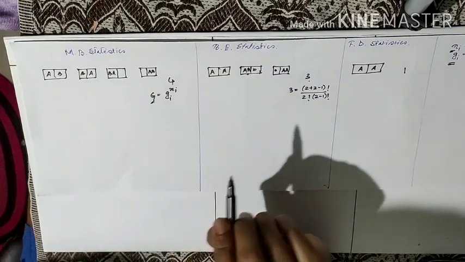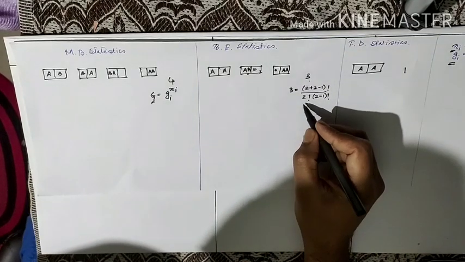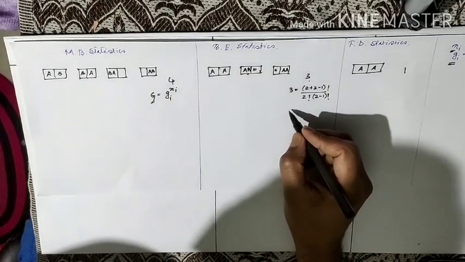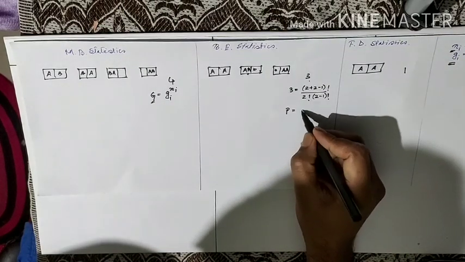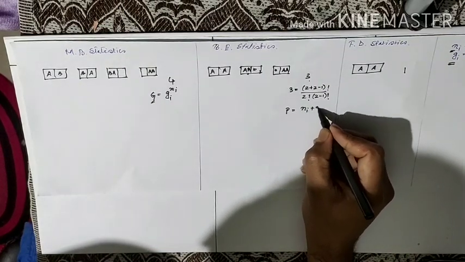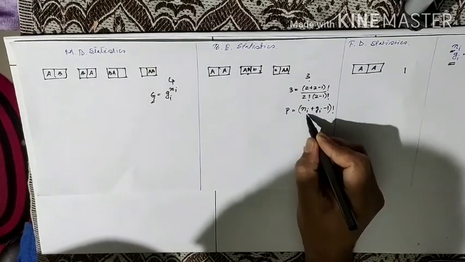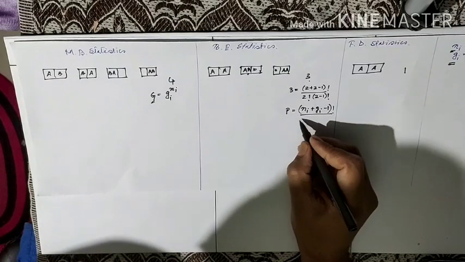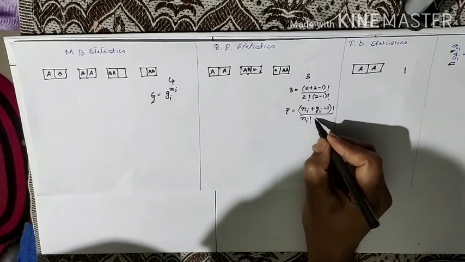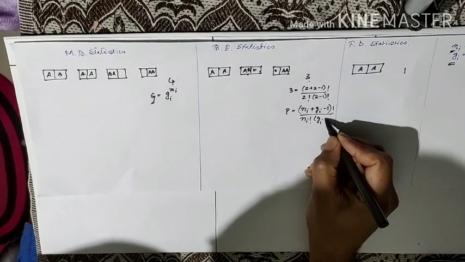So in terms of Ni and Gi, I can write the probability equal to Ni plus Gi minus 1 factorial divided by Ni factorial and Gi minus 1 factorial.